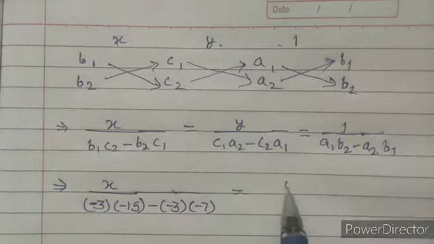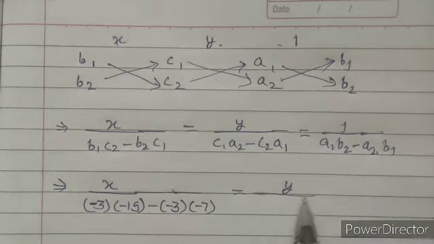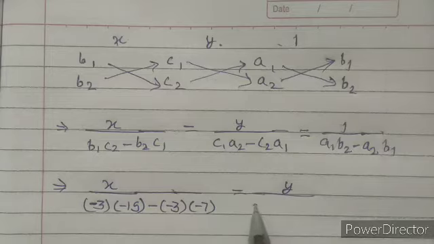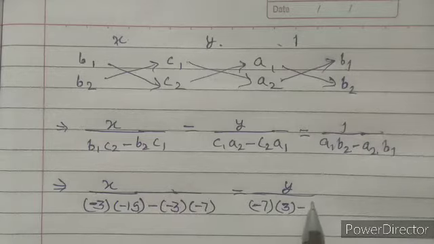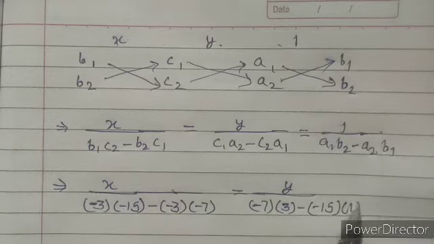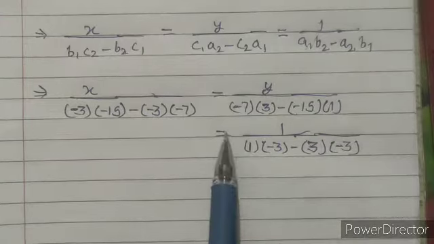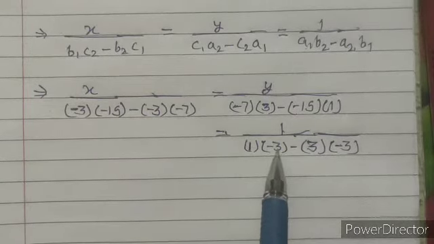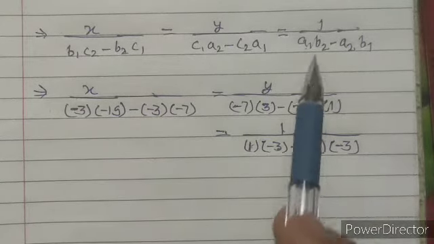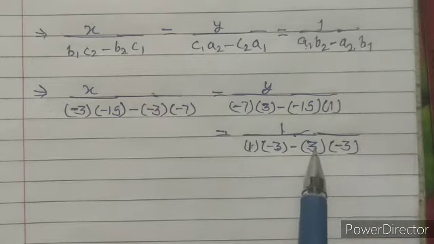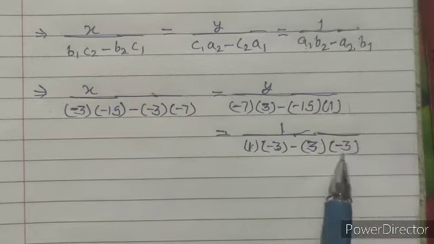That will be equal to y upon c1, and c1 was minus 7, a2 was 3, c2 minus 15, and a1 was 1, and that will be equal to 1 upon a1 b2, that will be equal to 1 upon 1 into minus 3. a1 was 1 and b2 was minus 3, a2 was 3, and b1 was minus 3.